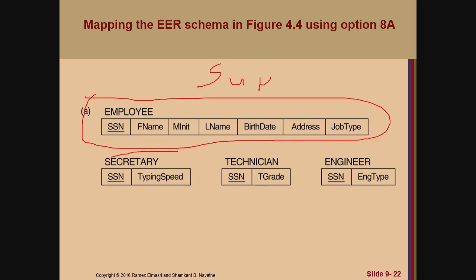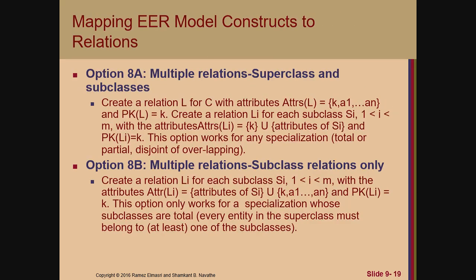And the others are subclasses. This is technique A. And B, multiple relations, subclass relations only. So the relations will be only the subclass tables, okay? Only subclass tables remain. But don't forget that this one must be total participation only.